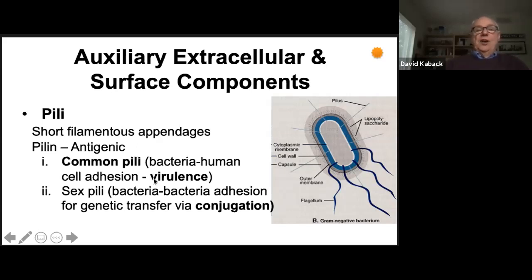So they can very often become virulence factors. There are also a number of pili that are involved in bacterial sex, in transferring DNA, that you may become familiar with in certain bacteria. And there are other pili that are involved in actually taking up DNA directly from the outside. So it's very common for many bacteria to have pili.